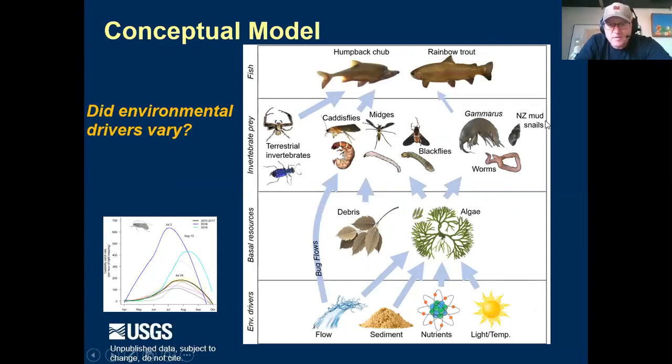Here's our invertebrate prey base, and we know there are lots of things that can affect that prey base, things like the amount of algae that's out there, other things like that. And what we're trying to do with this bug flow is directly affect these insects using flow. But the question is, what happened to these other environmental drivers in 2019? Maybe those were much different across the years of this bug flow experiment.